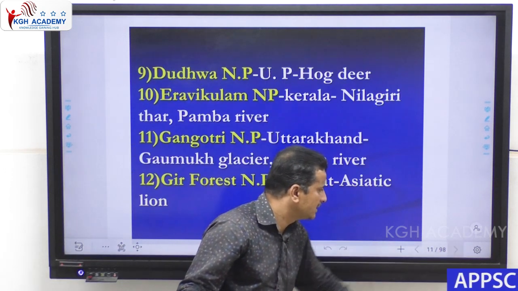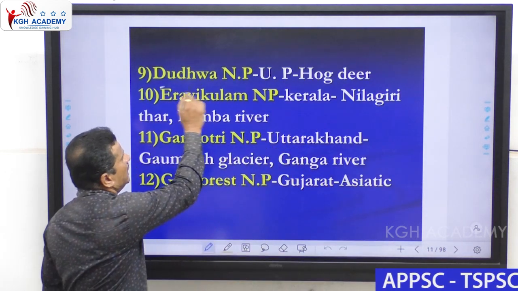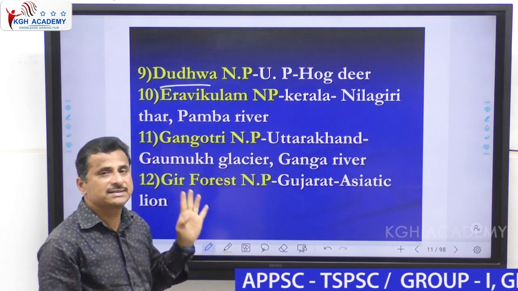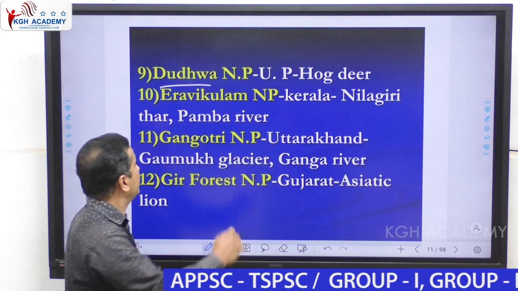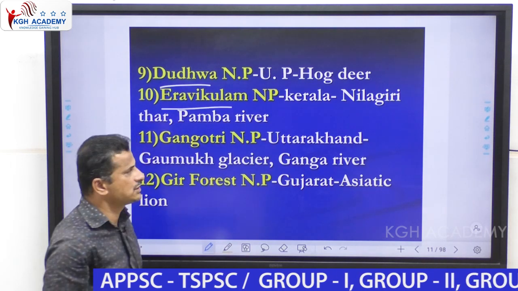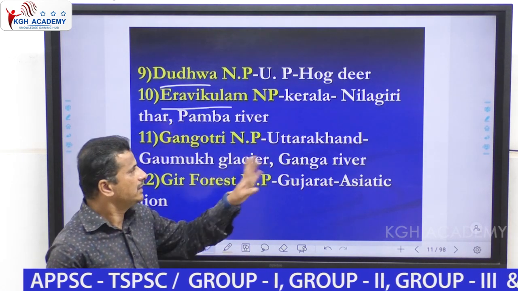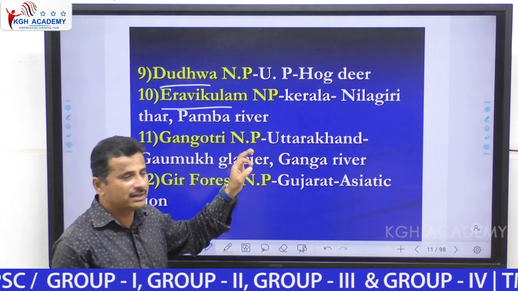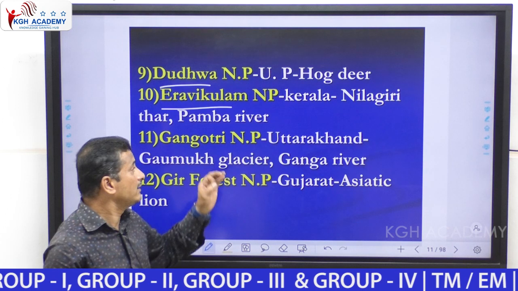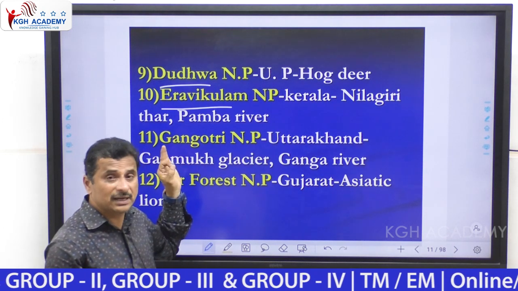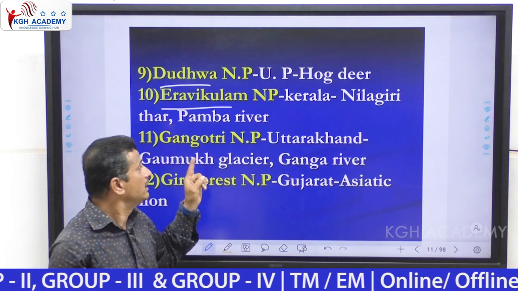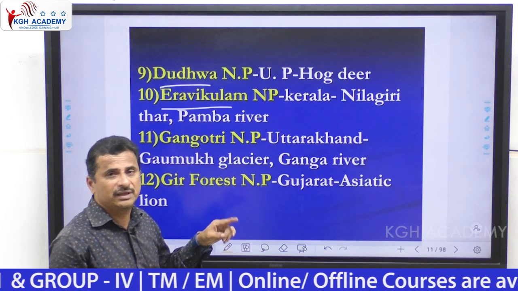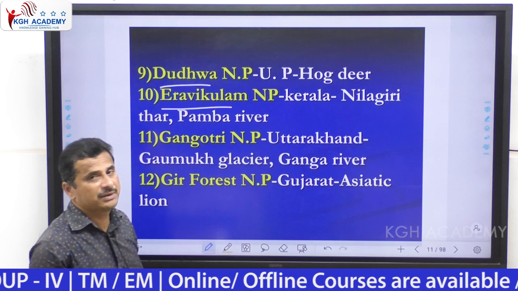After this, next is Dudhwa National Park, UP, and hog deer is a main animal here. Next is Eravikulam National Park, Kerala, where the Nilgiri Tahr is the main animal, and the Pamba River is a part of this national park.